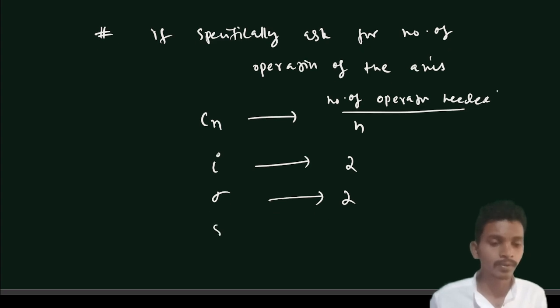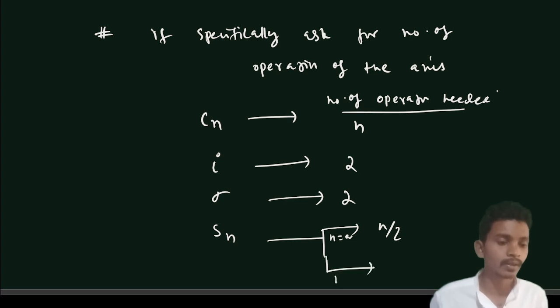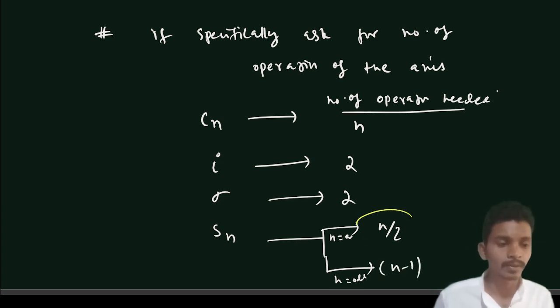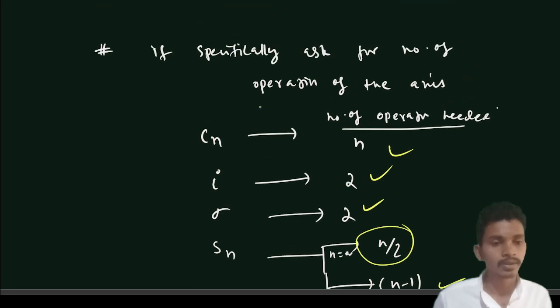Similarly for Sn, if n is even then n upon 2, and if n is odd then n minus 1. So please note this is correct. This is if it specifically asks for the number of operations of the axis.